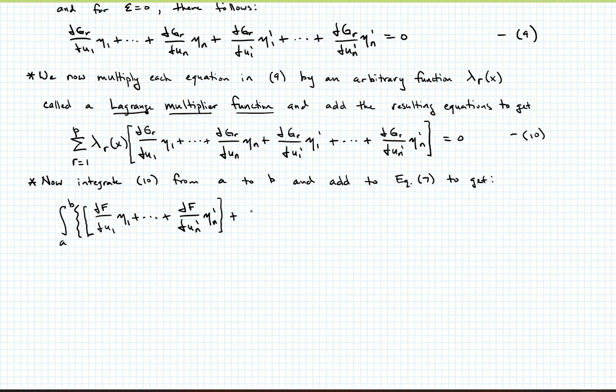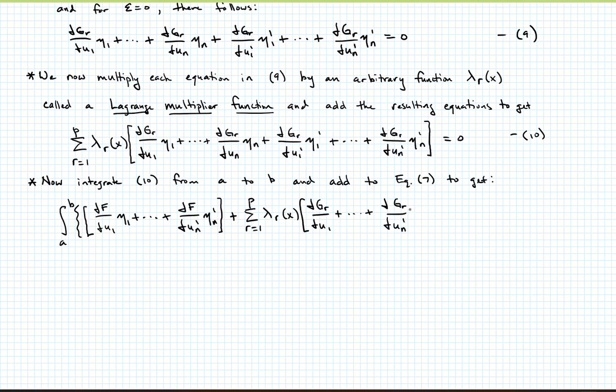So then I'm going to add to that the integrated version of equation 10, which is the sum from r equals 1 to p of lambda r of x times, again shorthand, the partial of gr with respect to u1 plus all the way up to the partial of gr with respect to un prime.